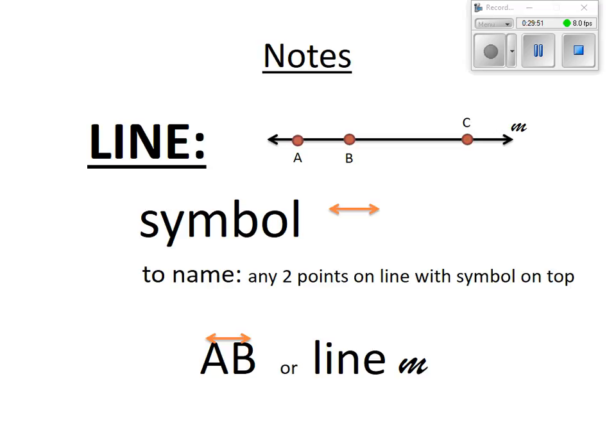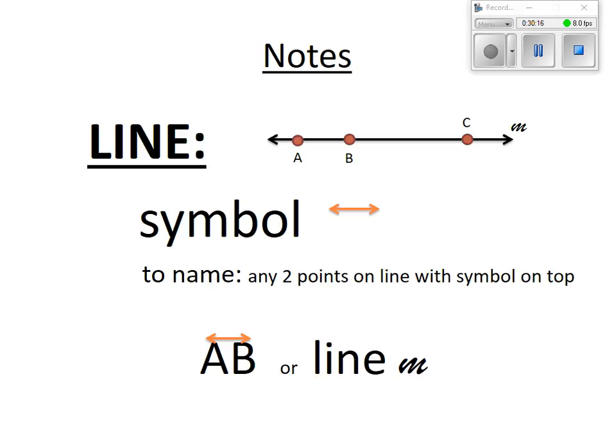No. You can pick any 2 letters on that line to name it, because what does the line do? It keeps on going forever and ever in both directions. So any points that fall on this line could be used to name it. But you only pick 2, not 3, not 4, not 5, not just 1. You pick 2 points on it and use the symbol above it.